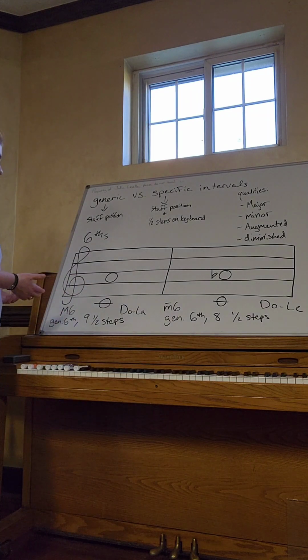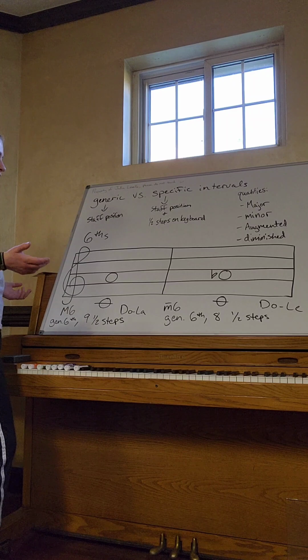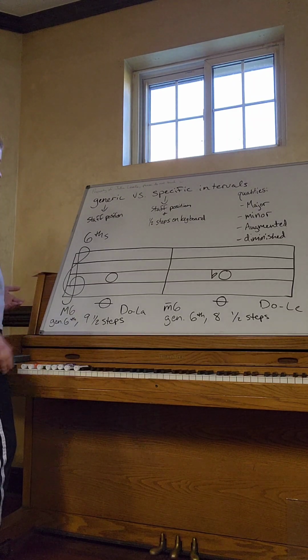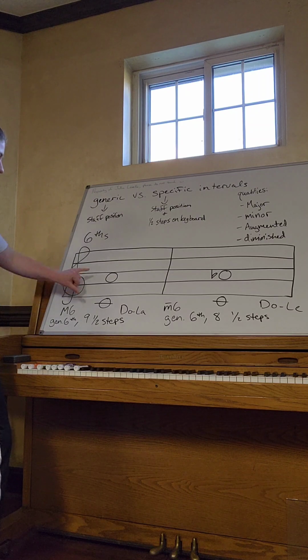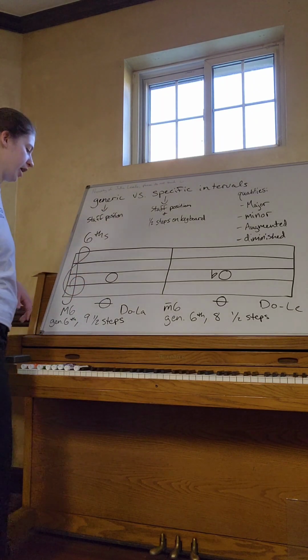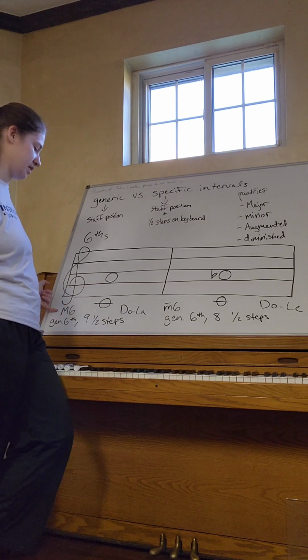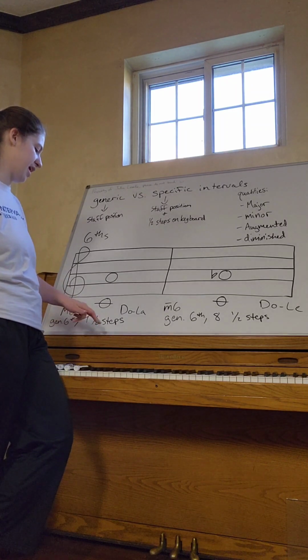So now let's look at our sixths. We generally see two types of sixths, major and minor sixths. A major sixth is a generic sixth on the staff, 1, 2, 3, 4, 5, 6. On a keyboard, in order to make it a major sixth, there have to be 9 half steps.